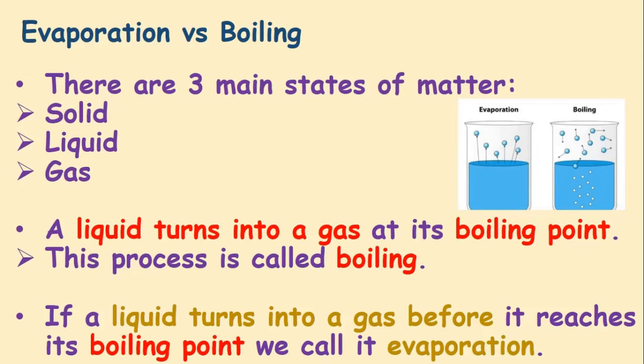If a liquid turns into a gas before it reaches its boiling point, we call it evaporation. And that is the main difference between evaporation and boiling. Boiling is when a liquid turns into gas at the boiling point, whereas evaporation is when a liquid turns into a gas before the boiling point.